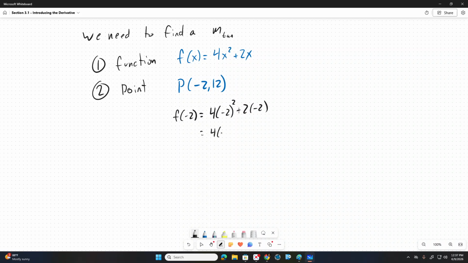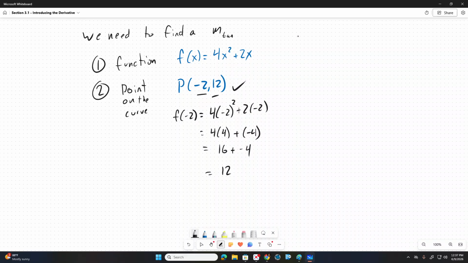This is going to be 4 times 4 plus 2 times negative 2, which is negative 4. It's going to be 16 plus negative 4, or 12. Notice this point is a true point. You don't usually have to verify these things, but I just wanted to tell you this has to be a point on the curve.